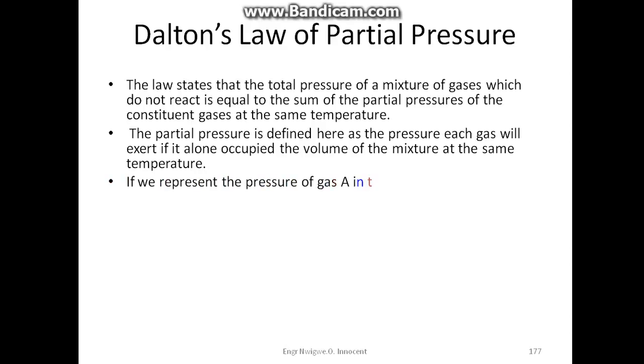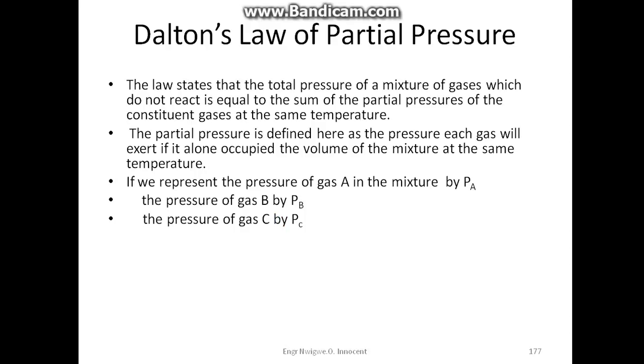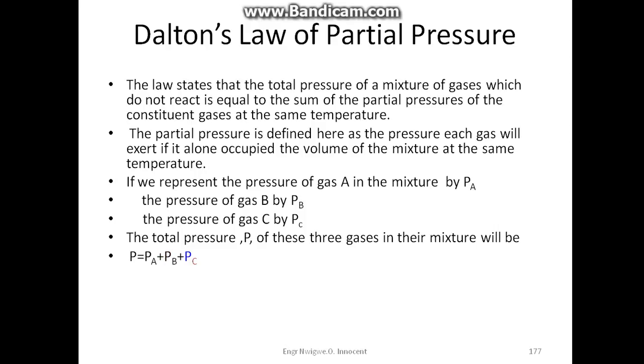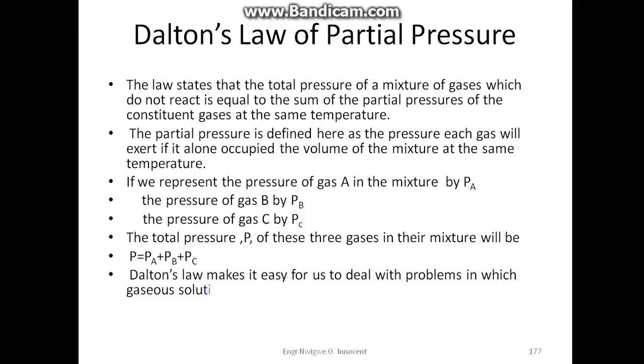If we represent the pressure of gas A in the mixture by PA, the pressure of gas B by PB, the pressure of gas C by PC, the total pressure P of these three gases in their mixture will be P equals PA plus PB plus PC. Dalton's law makes it easy for us to deal with problems in which gaseous solutions are involved.